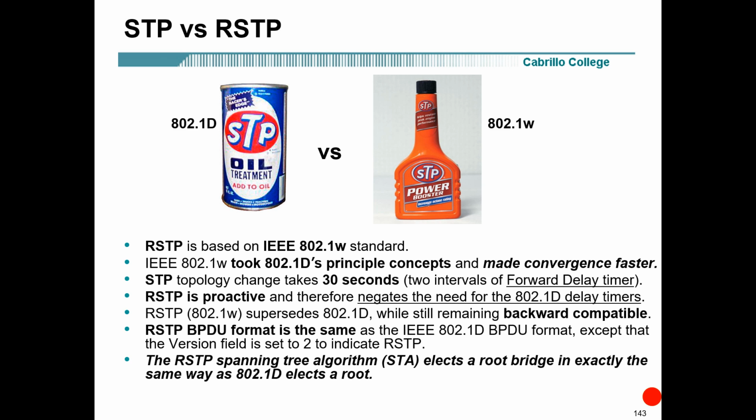RSTP has alternate and backup port designations. Ports not participating in the spanning tree are known as edge ports. Edge ports become a non-edge port immediately if a BPDU is heard on that port. We have our non-edge port participants with our topology change notifications.